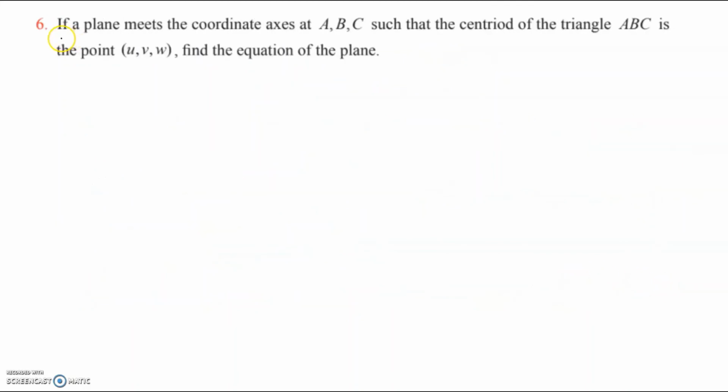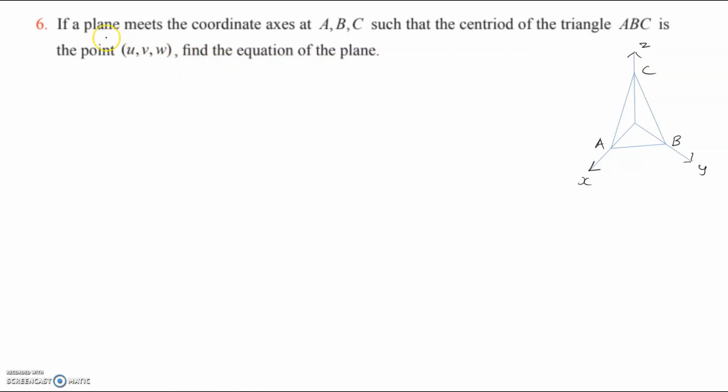Question number 6, which is the last question in this exercise. If a plane meets the coordinate axis at A, B, C such that the centroid of the triangle ABC is the point (u, v, w), find the equation of the plane.